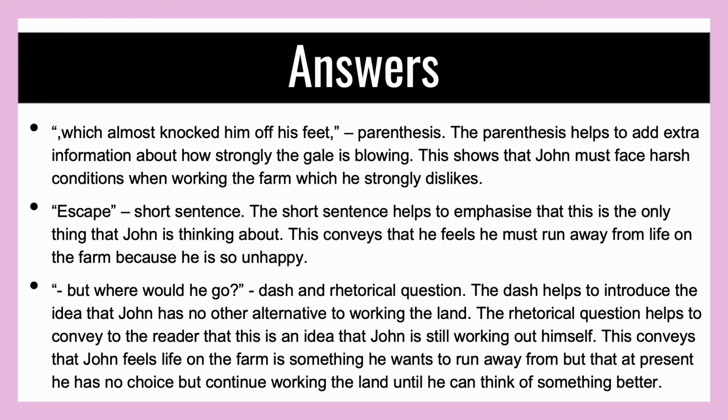But where would he go? Dash and rhetorical question. The dash helps to introduce the idea that John has no other alternative to working the land. The rhetorical question helps to convey to the reader that this is an idea that John has worked out himself. This conveys that John feels that life on the farm is something he wants to run away from, but at present he has no choice but to continue working the land until he can think of something better.